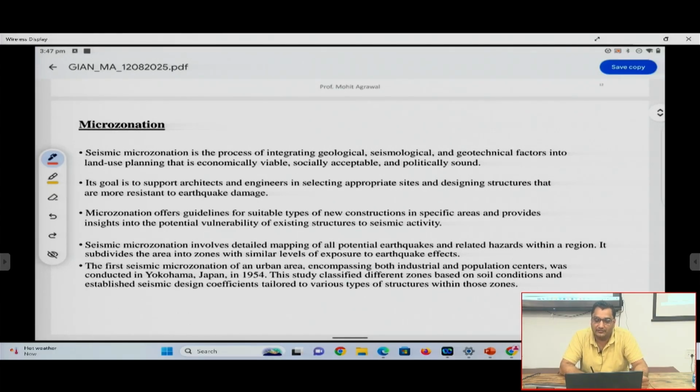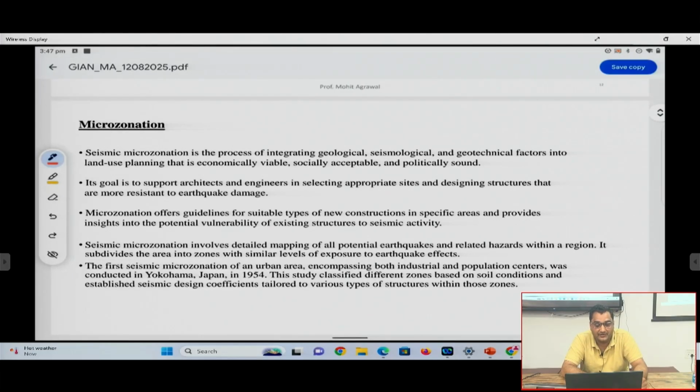Geotechnical factors you also take into account, along with the soil conditions for which you conduct the site specific seismic site characterization study, and you also conduct the seismic site response study in order to find out how much bedrock motion is going to be transferred at the surface. Right.